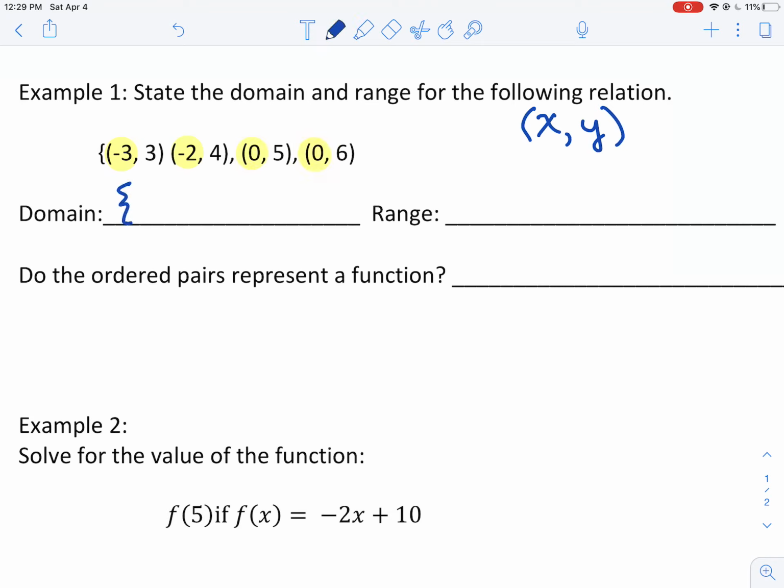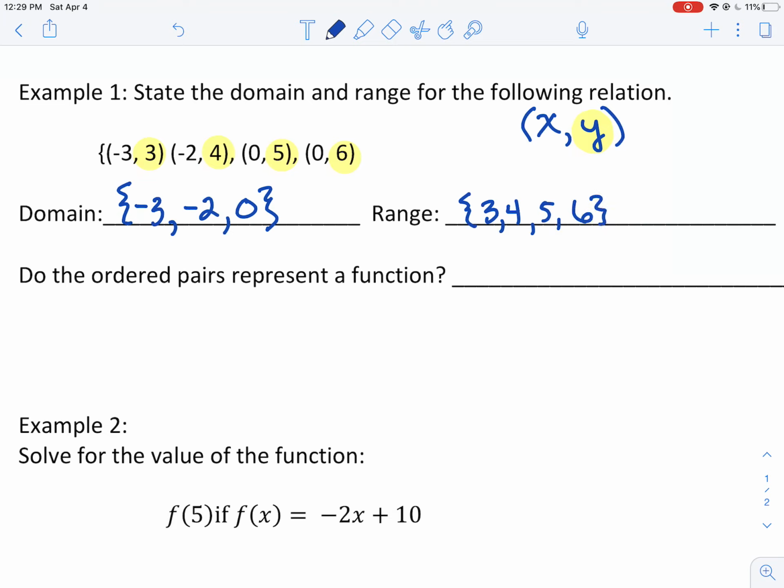So remember, you put them in little squiggly brackets, and then you list them and you put commas in between them. So -3, comma -2, comma 0, and notice how there are multiple zeros, you only have to write that once. Whereas the range is the second number in all of the ordered pairs. So I've got 3, comma 4, comma 5, comma 6.